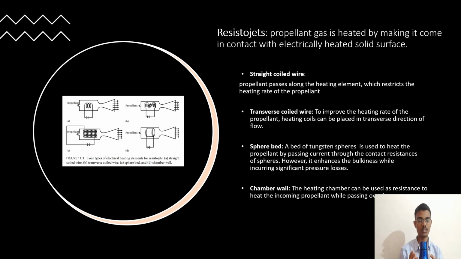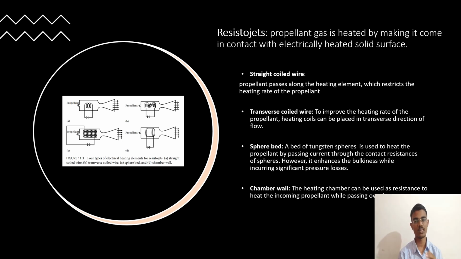Because of the speed of the water and the rate of burning of the candle or the element you are using for heating, the water will not be heated properly. Here you have to heat the water rapidly, but it is not happening. So it is not as effective as the other types. The straight coil wire is less effective and has very low efficiency.